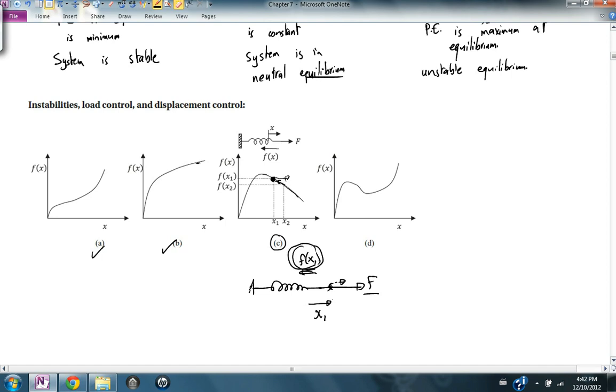Since F of x1 will decrease, F will now dominate, and the spring will be pulled in an uncontrollable fashion to the right. So if the spring is being loaded with F, it will be unstable.